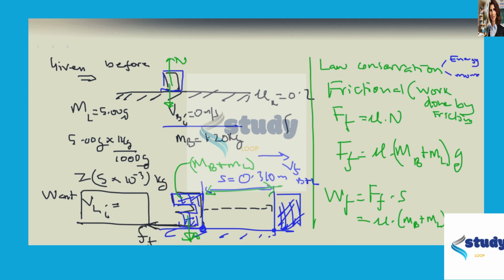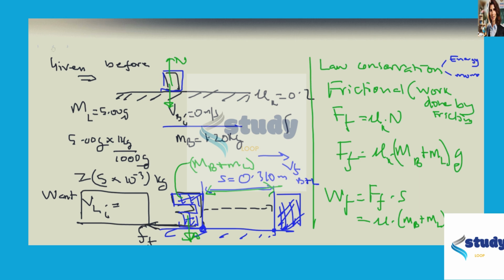But we have to get the frictional force, because that's the one that's going to help us to deal with the law of conservation of energy. And the frictional force is the coefficient of kinetic friction, which we call mu k, times the normal force. But this is the normal force involving both the mass of the bullet and the block.